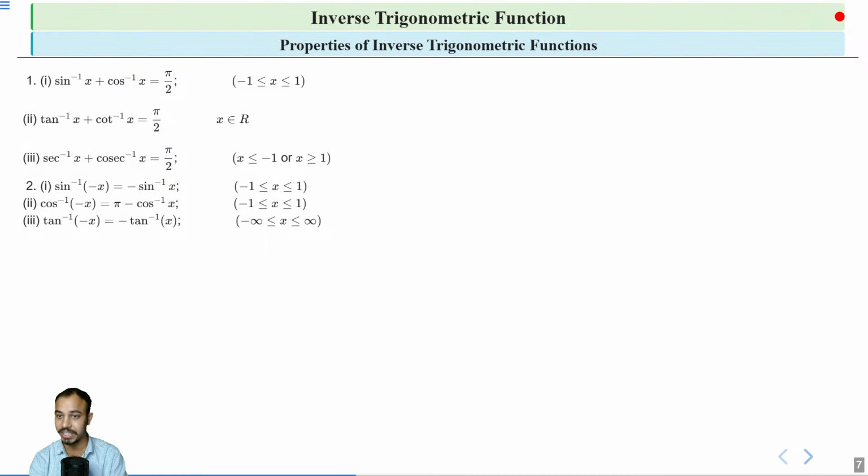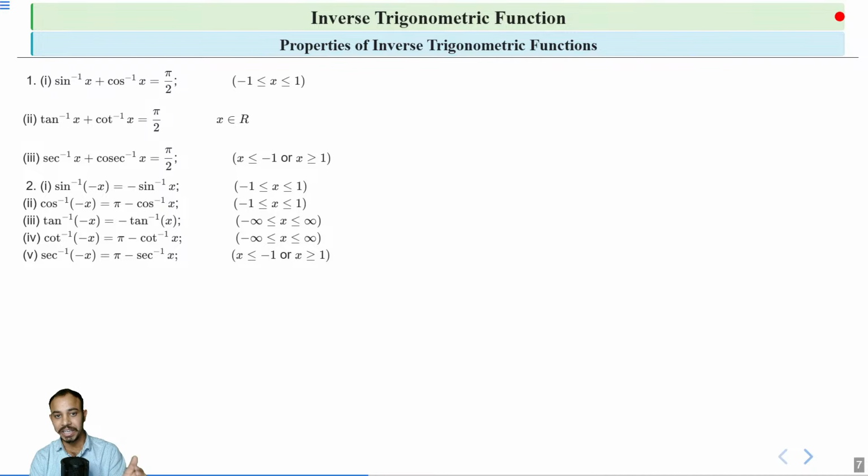Here x lies between minus infinity to infinity. Then see here cot inverse of minus x is equal to pi minus cot inverse x. Here minus infinity less than x less than infinity.